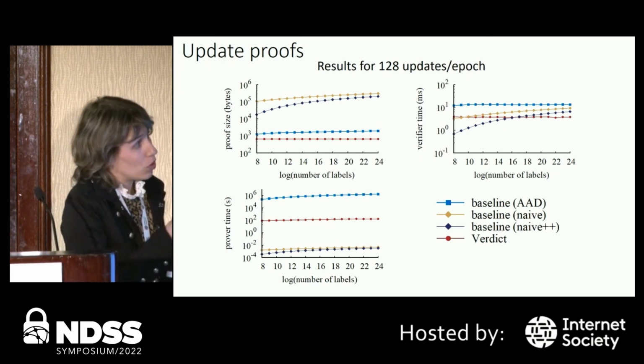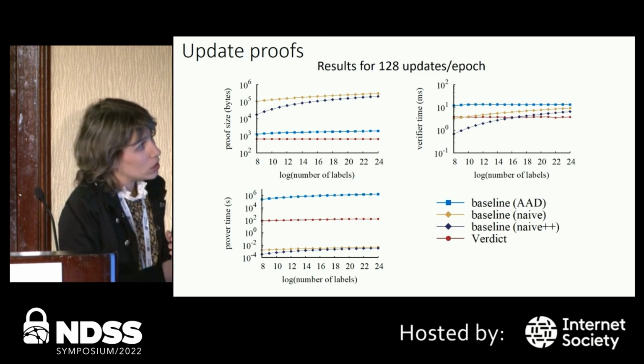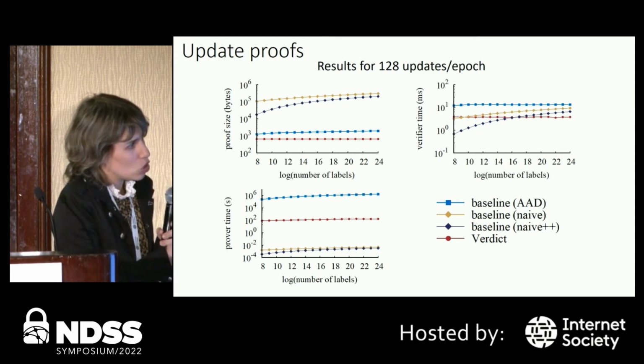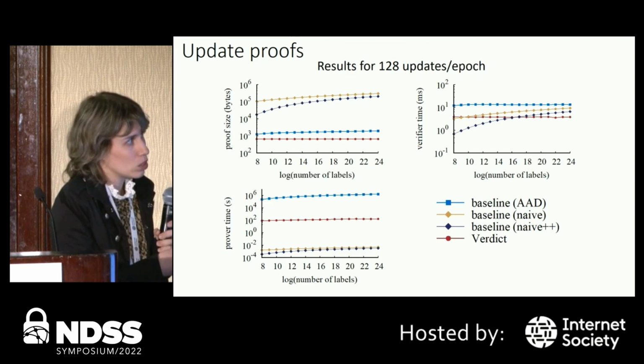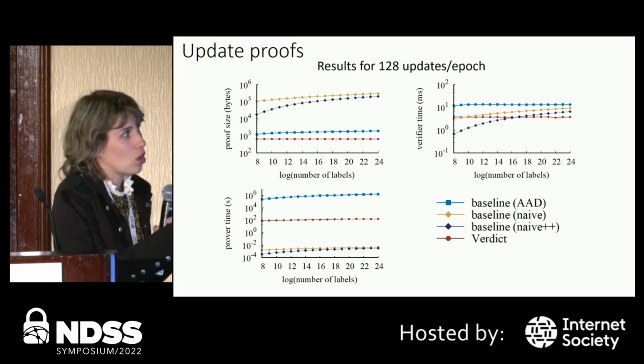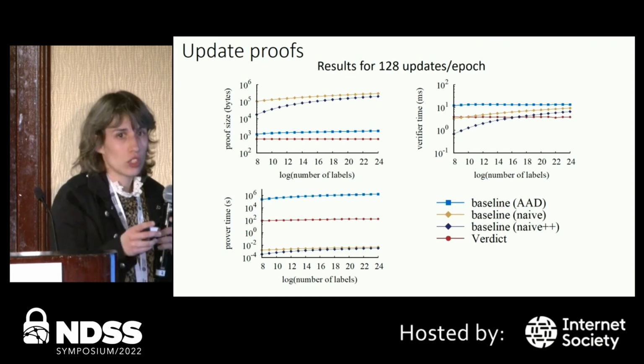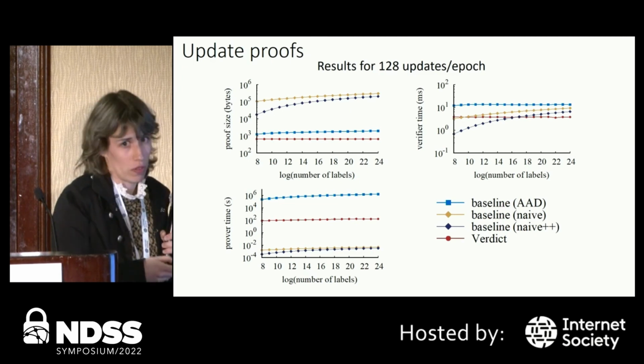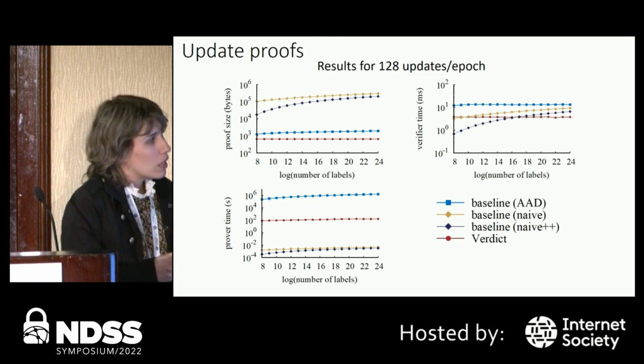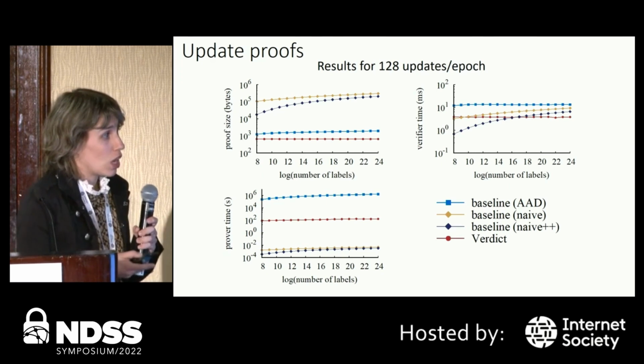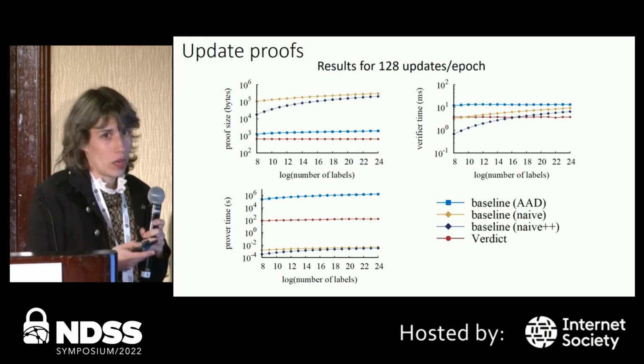As for verification time, Verdict's verification time is around 3 milliseconds per epoch, and that's faster than all of the other systems for large dictionary sizes, more than 65,000 labels. Now, as for the proof generation time, this is a little under 3 minutes.